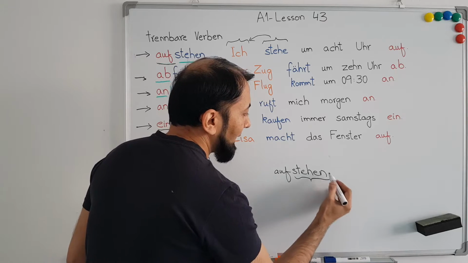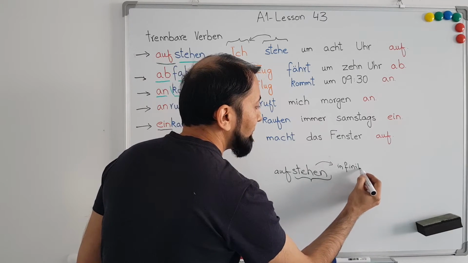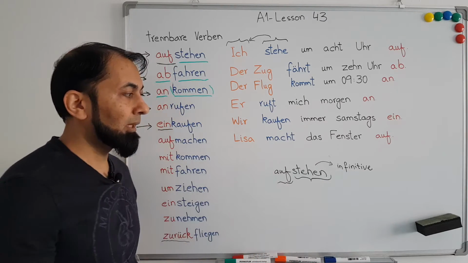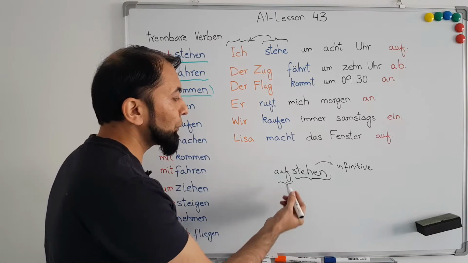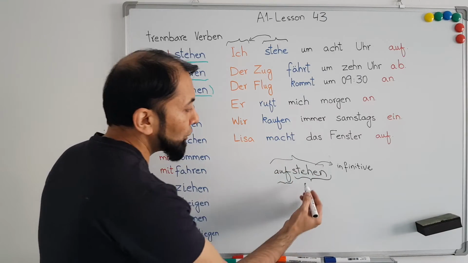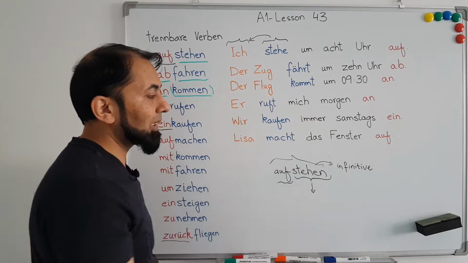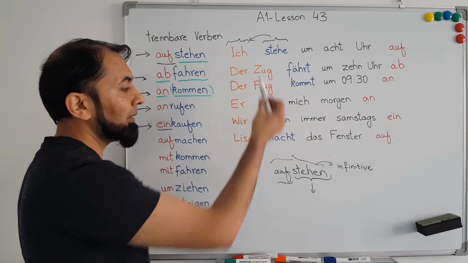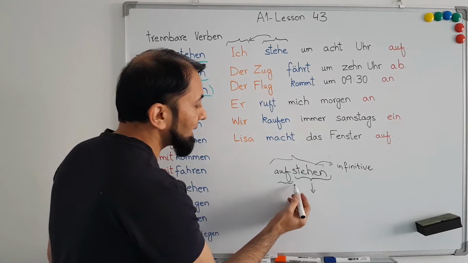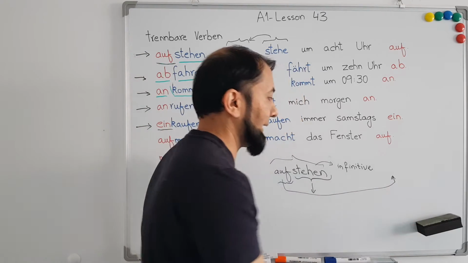This part is the infinitive form of the verb, and this is the prefix. Whenever we have to use a separable verb in the sentence, we have to conjugate the infinitive form of the verb according to the subject of the sentence, which we have done here. What we have to do with the prefix is that it will always go at the last position in the sentence.